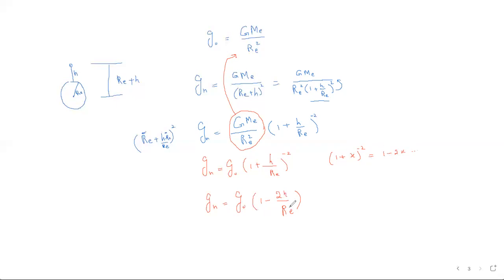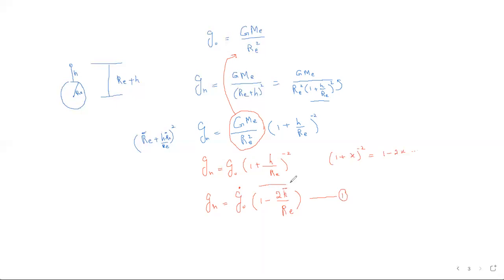So now you see from this formula the effect of h in this expression: the value of gh will be equal to g naught when this factor is equal to 1, meaning that our second factor is 0.